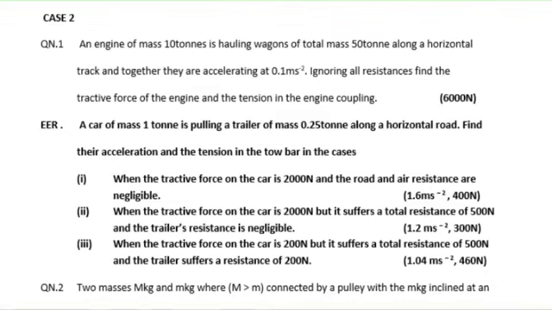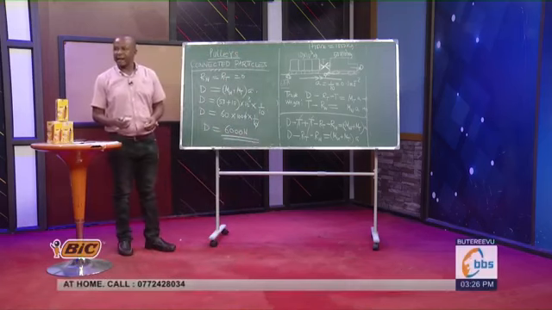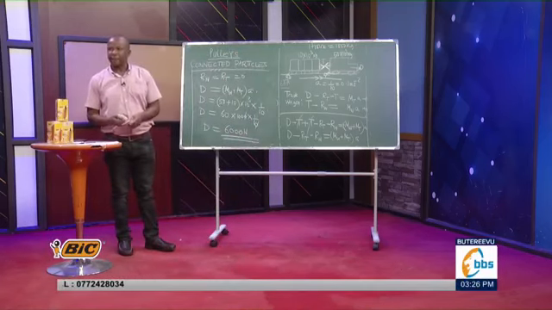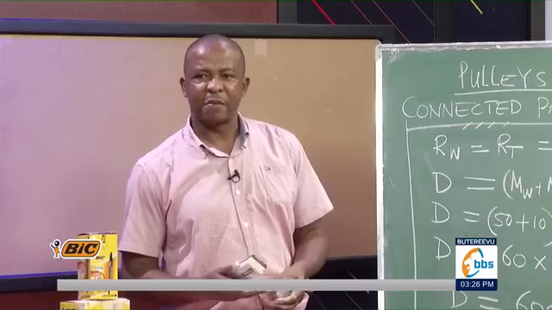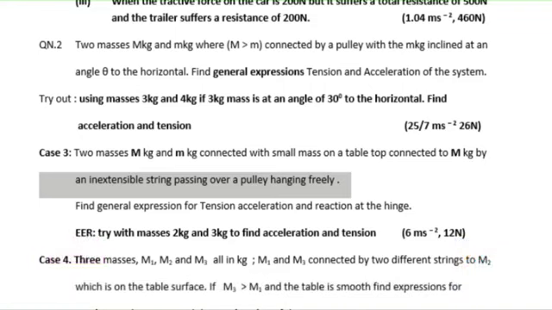Question 2. Question 2 is looking at another scenario here. Two masses, M capital and m small, are connected over a pulley, and this pulley is inclined at an angle. This is another case that is very important to look at.